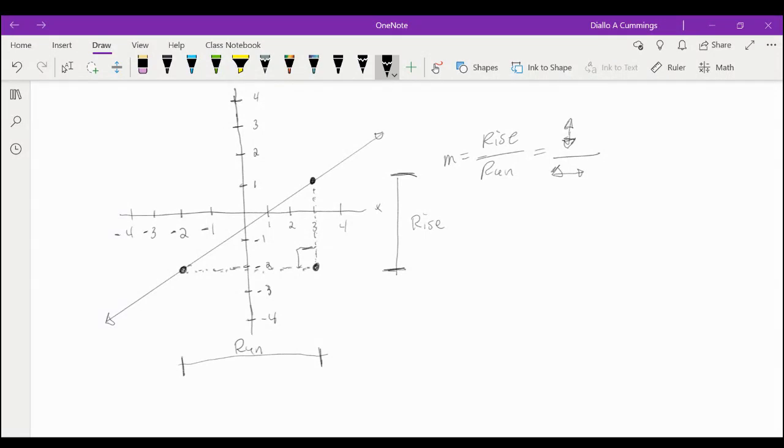So what is this distance? I'm just going to count from here to here so that we don't actually start counting with this point. That would be 1, 2, 3, 4, and 5. So my run is 5.